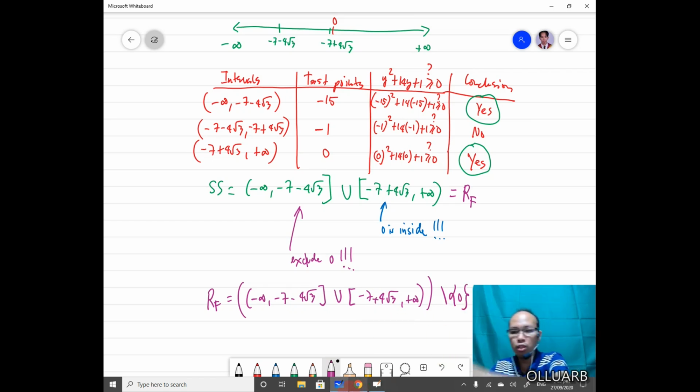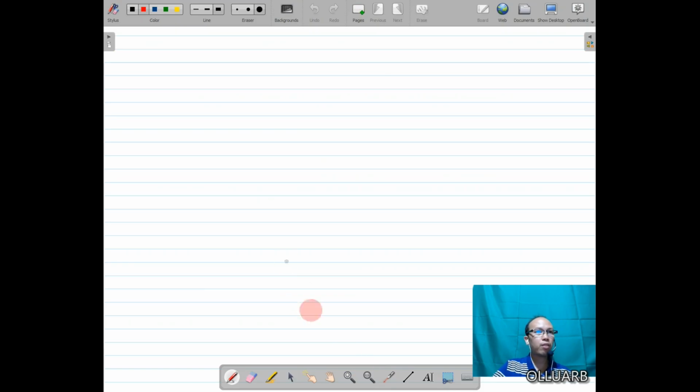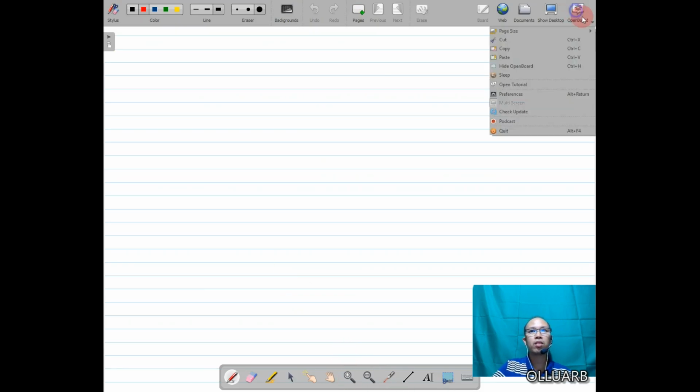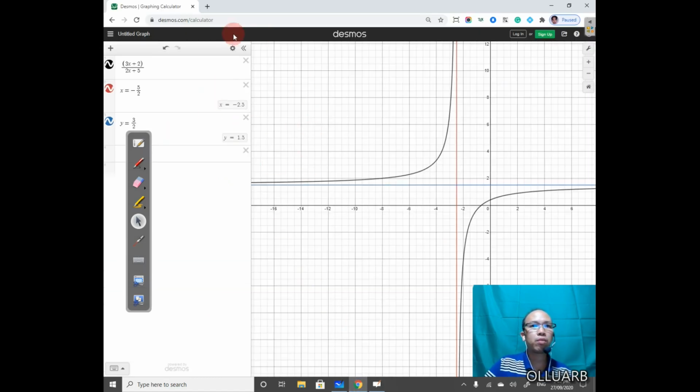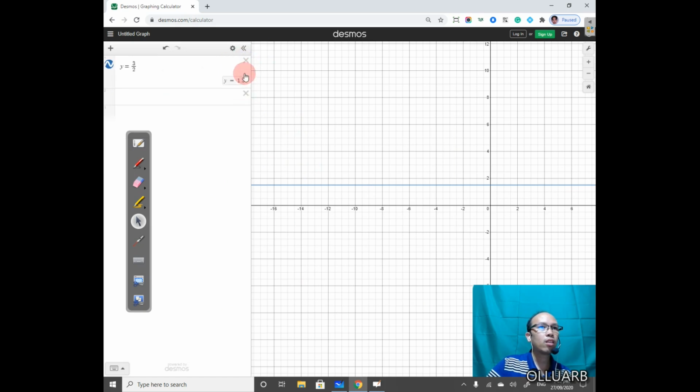Let's try to visualize our answer in the graph. So where is our graph? Let's delete that equation.